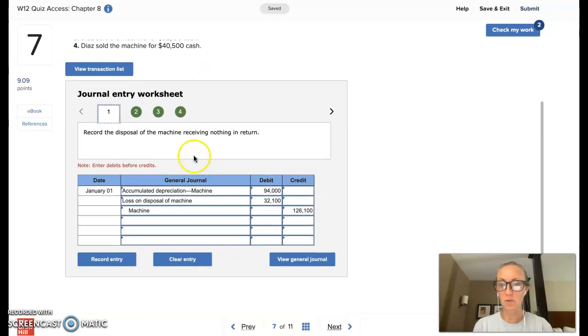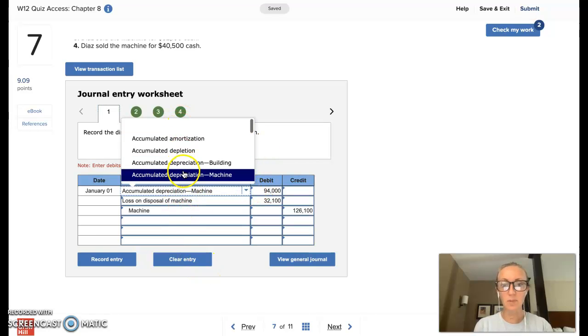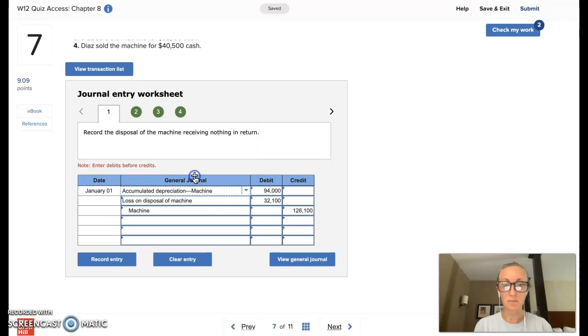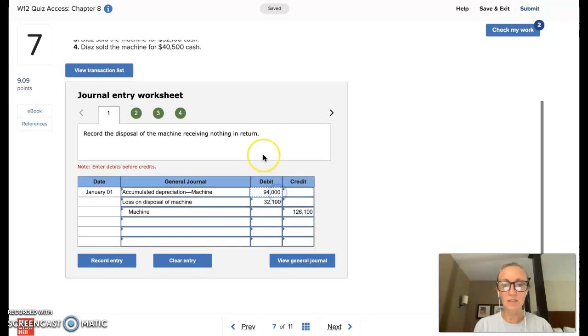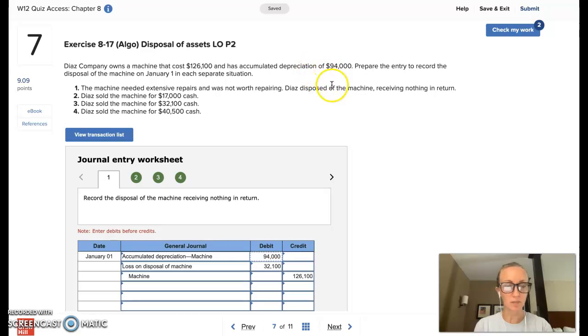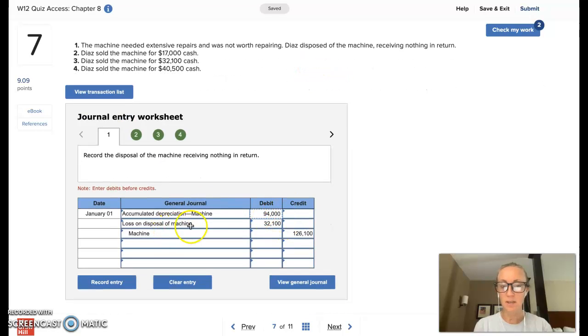The first one that we want to record on the journal entry worksheet is to record the disposal of the machine, receiving nothing in return. What we want to do is select the accumulated depreciation of the machine, which was $94,000. The loss, which is the difference between the cost of the machine and what was depreciated, $126,100 minus $94,000, is $32,100.